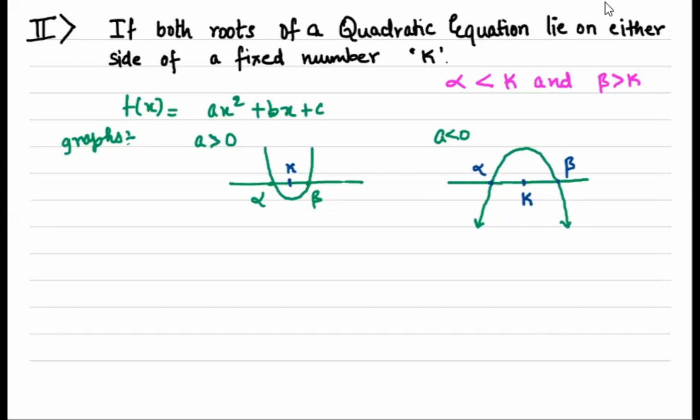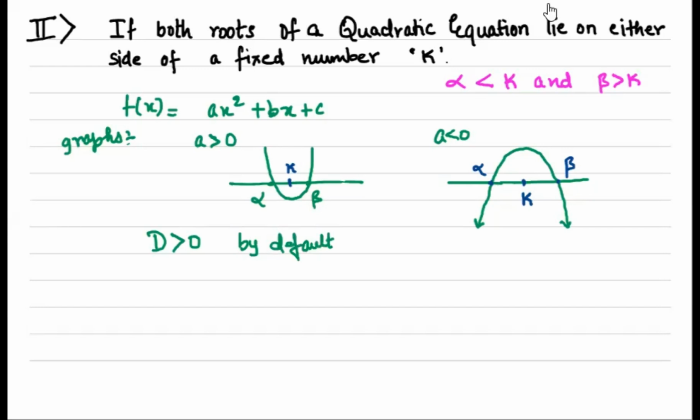Now, what we see here is that, by default, the discriminant is greater than 0. Yes or no? These are the observations. Whenever we have these kinds of scenarios where the roots lie on either side of k, then naturally the discriminant will be greater than 0, isn't it? So I don't have to consider this case. So I can write this as by default.